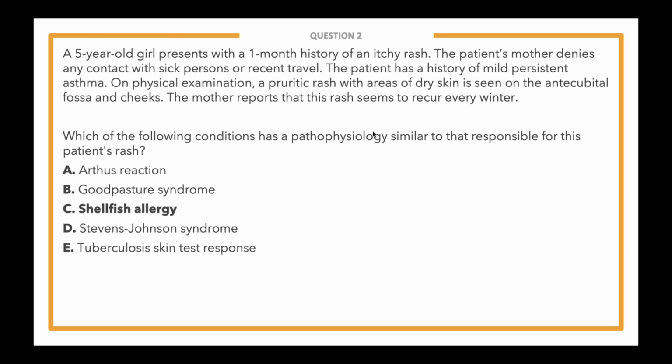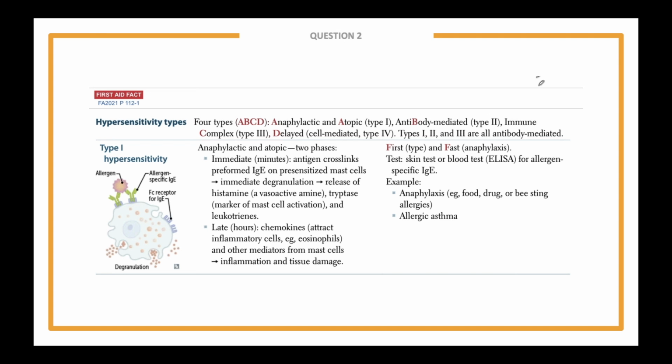So on the next slide, Sean has actually gone ahead and pulled up the table from First Aid that talks about hypersensitivity types. And as we see there, type 1 is called the anaphylactic and atopic type sensitivity. So it is a type 1 hypersensitivity. Other types of type 1 hypersensitivity reactions include anaphylaxis.